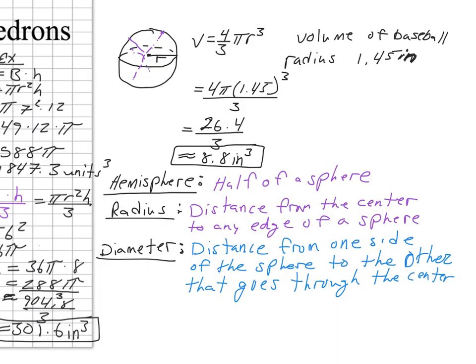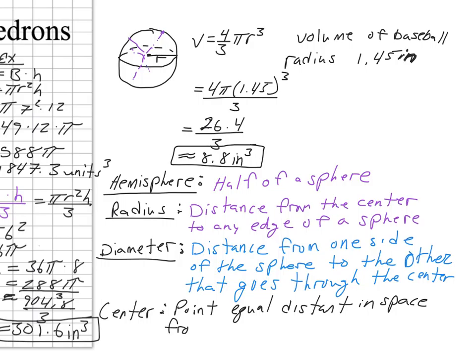Really important: it has to go through the center of the sphere for it to actually be a diameter. And then, of course, what is the center? It is a point equidistant in space from all edges of the sphere.